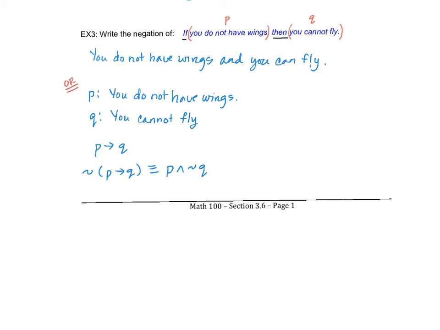So when I look at P and not Q, P is you do not have wings, and not Q would be you can fly. So it'd be the statement that I originally wrote down. So anytime you get confused if you're in words, you can always label your statements, switch to symbolic form, use whatever equivalents that you're given, and then switch back to words.